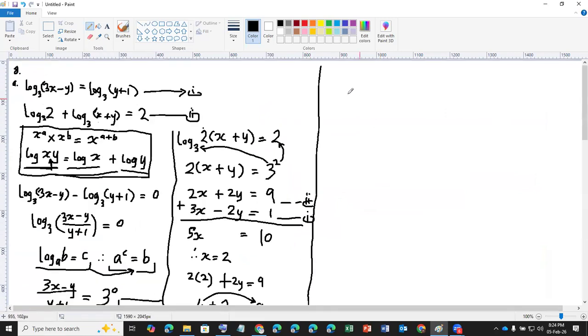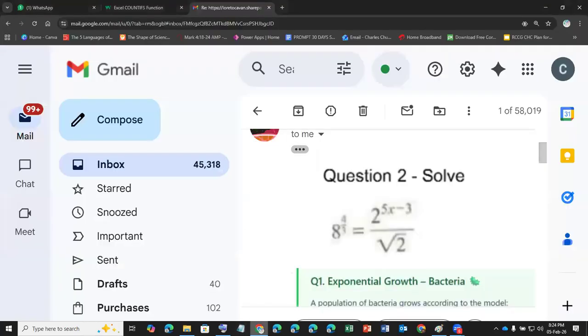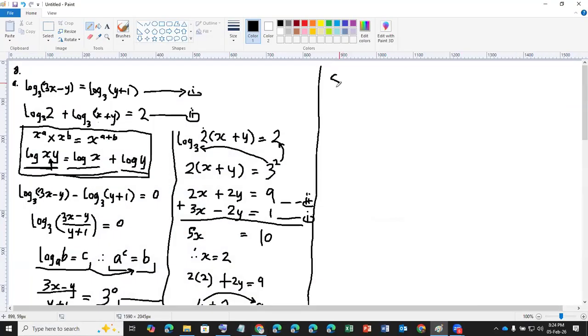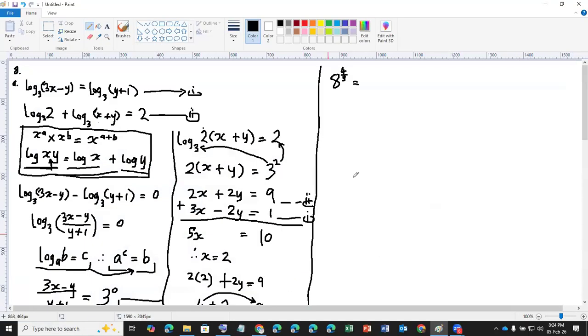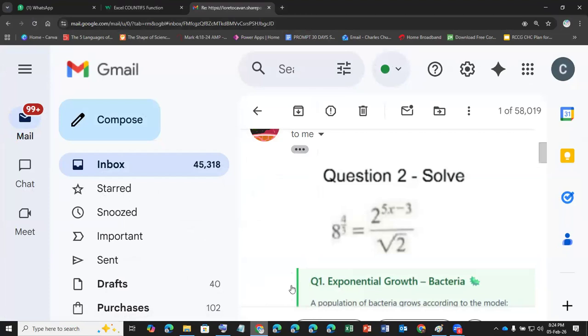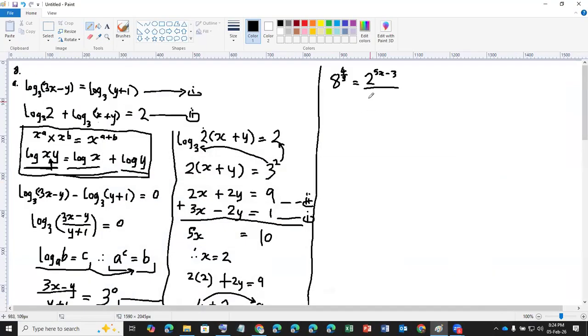All right, may not take this long, but let's just solve this one. 8 raised to the power of 4 over 3 equals 2 raised to the power of 5x minus 4, 5, divided by square root of 2.